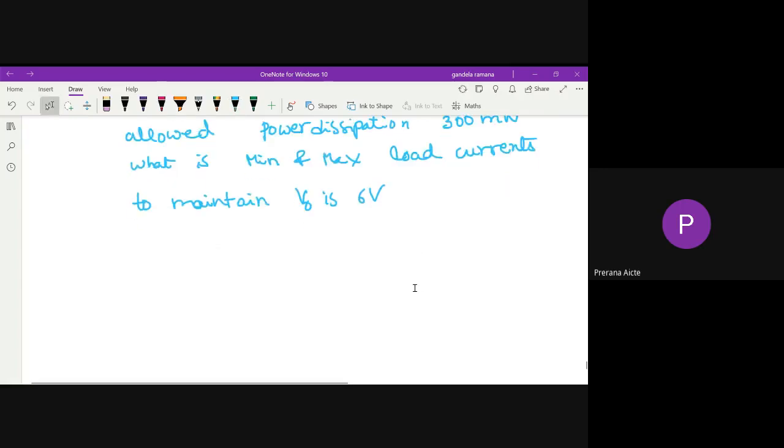So the diagram is: Vin is 9 volts. Zener voltage is 6 volts. So this is V naught.